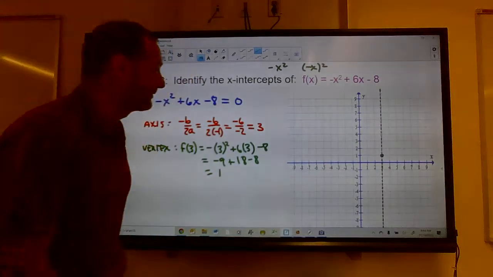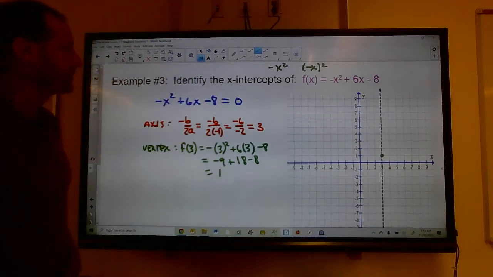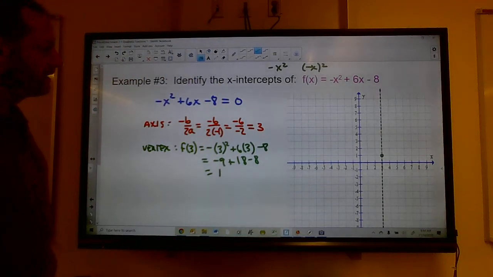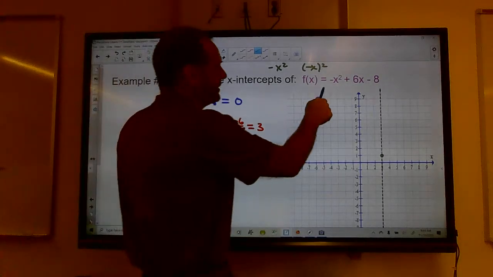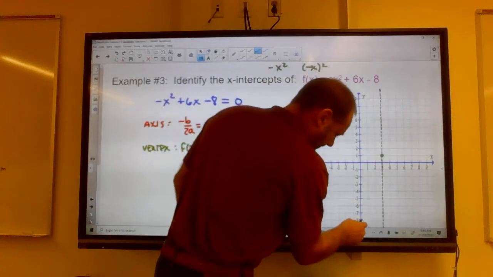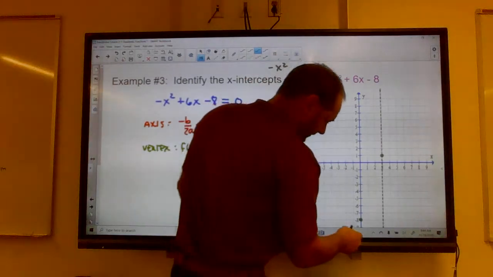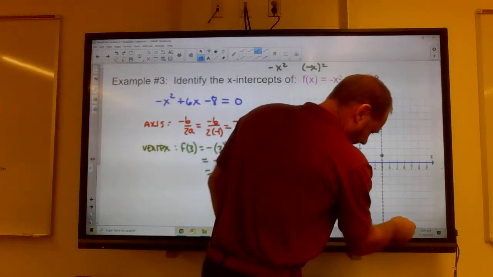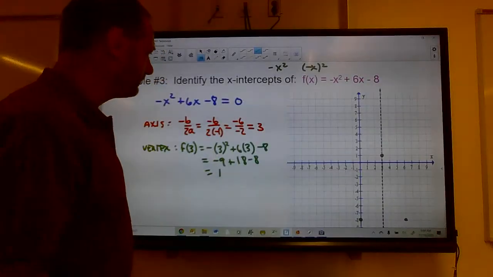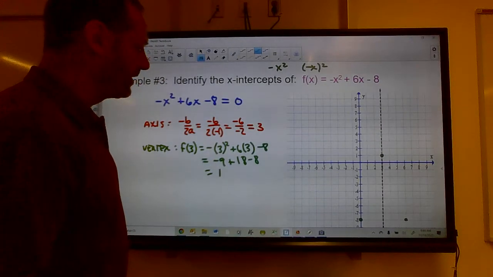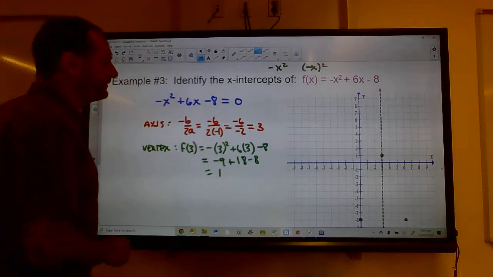Right there. This is going to be upside down because it's negative x squared. I can plug in 0 really easy. I get -8. That's on the graph. I'm also going to get a -8 right there because it's symmetric. Let's pick one number in between, like 1. 1 is easy to use.